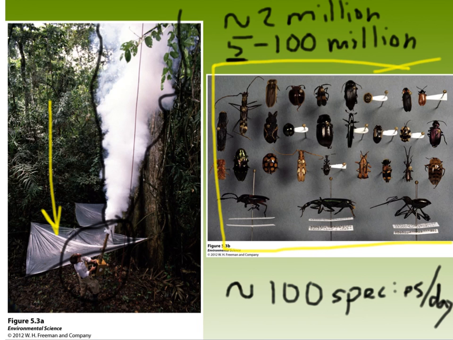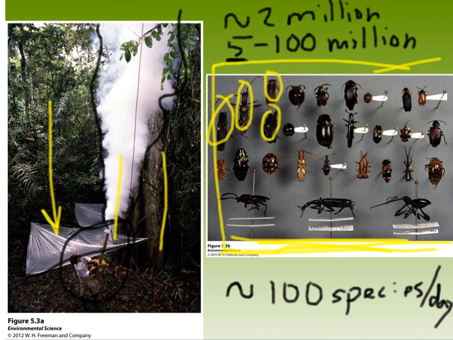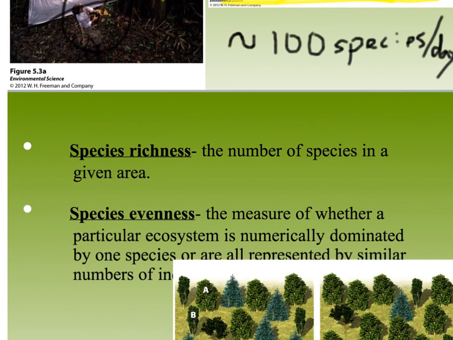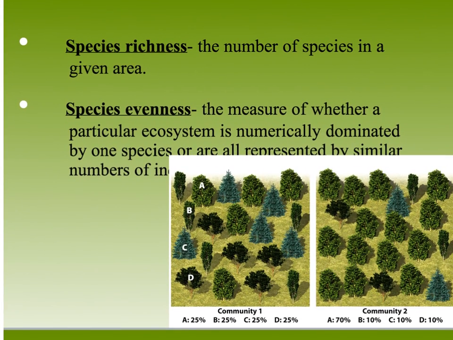I guarantee you in this tree there's more than just the species that you see here. There's probably hundreds of species in this one tree in the rainforest, but they're just showing you one little picture. So we can determine the species richness of that individual tree, and that's an important thing to measure. Species richness is the number of species in a given area.